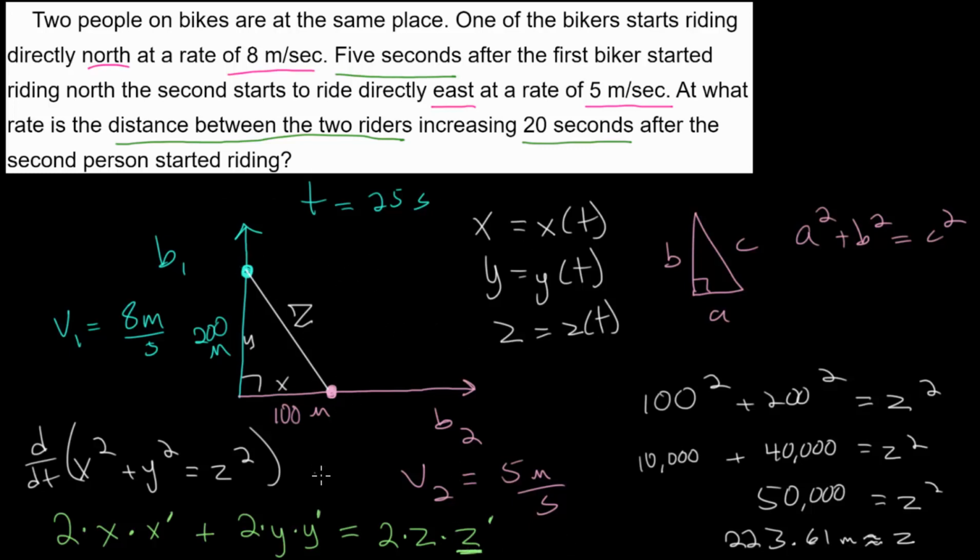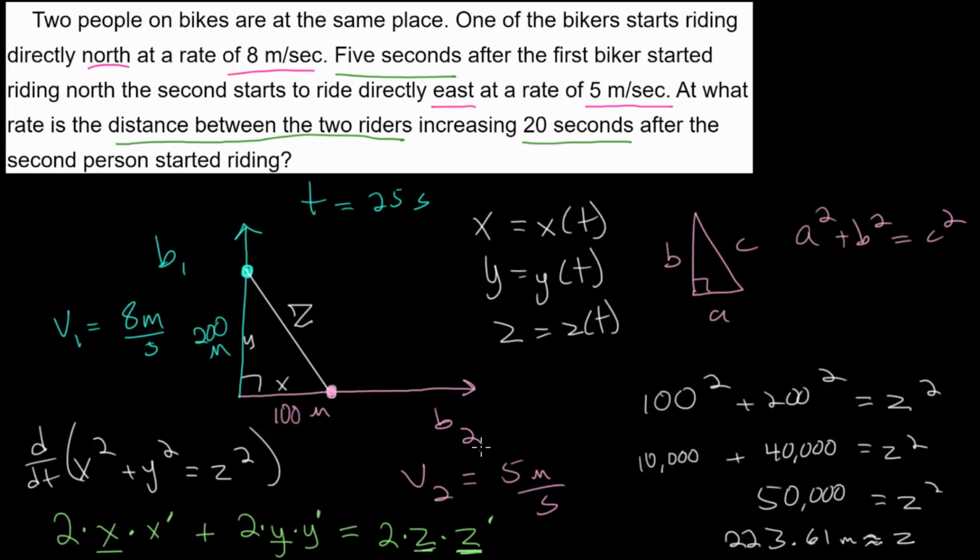And at 25 seconds, we know the x position is 100, the y position is 200, and the distance between the two bikers, this z value, would be 223.61 or so. We're trying to find z prime, this rate of change of the distance between the two bikers with respect to time. But we also need to know the rate of change of this x position, biker 2 going towards the east, with respect to time.